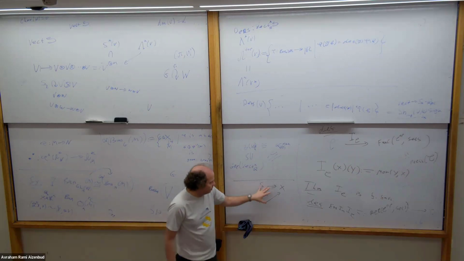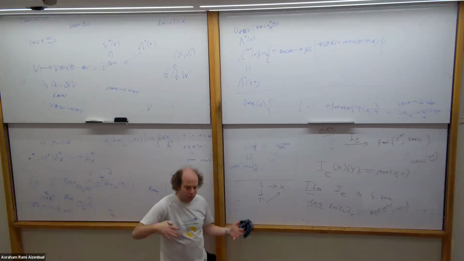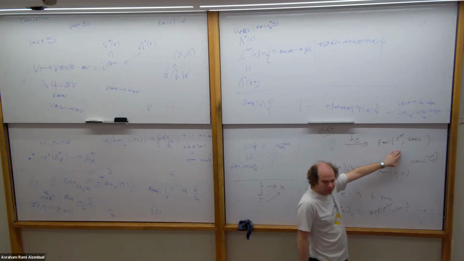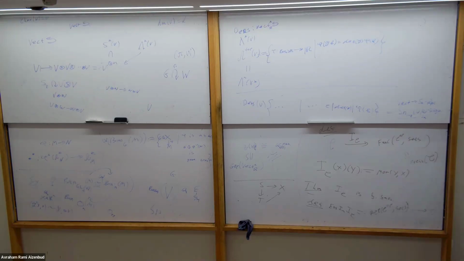So if you have all this data and another set of data like this, and a morphism between the two sets of data, it will give you a morphism from one space to another. So it's not just on the level of isomorphism classes, but it's actually an equivalence of categories.